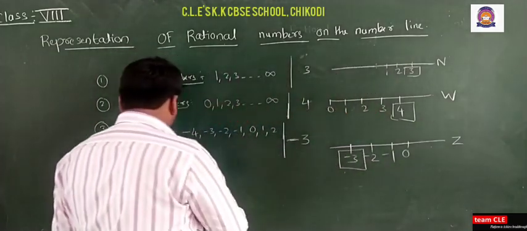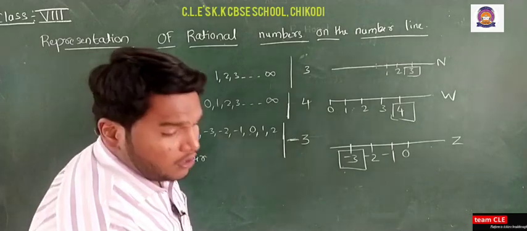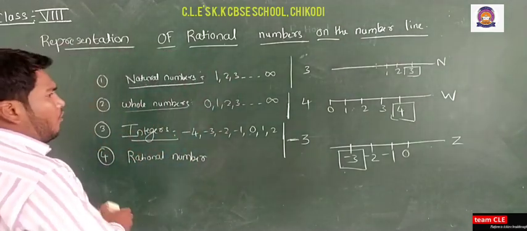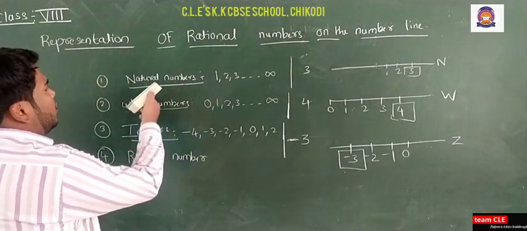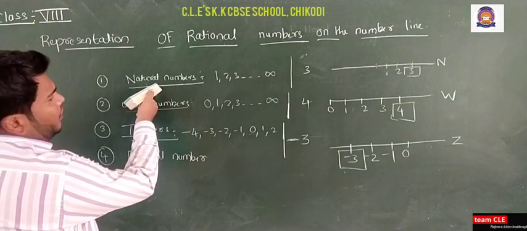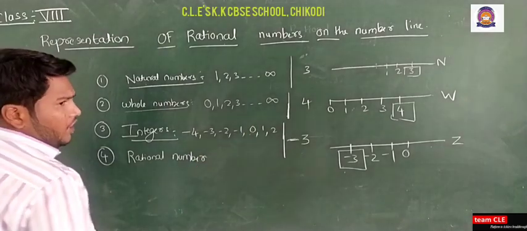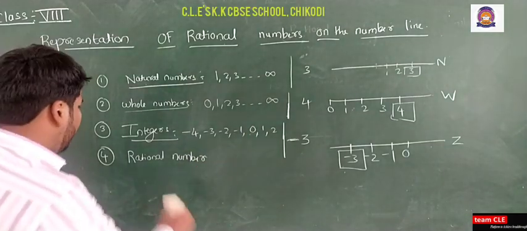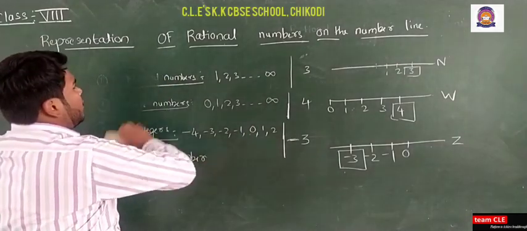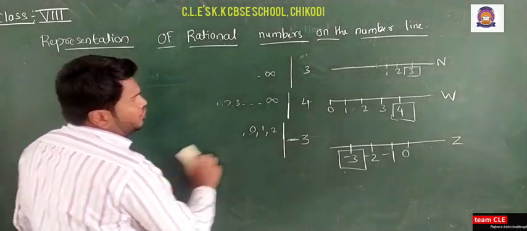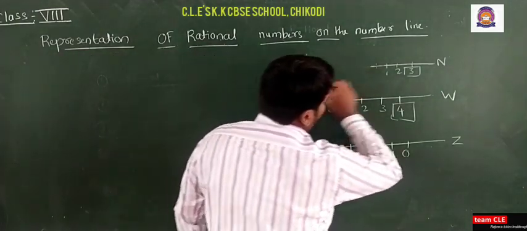Next is rational numbers, which is your main concept. We took three basic examples: natural numbers, whole numbers and integers. Now we go through the main topic, representation of rational numbers on the number line.